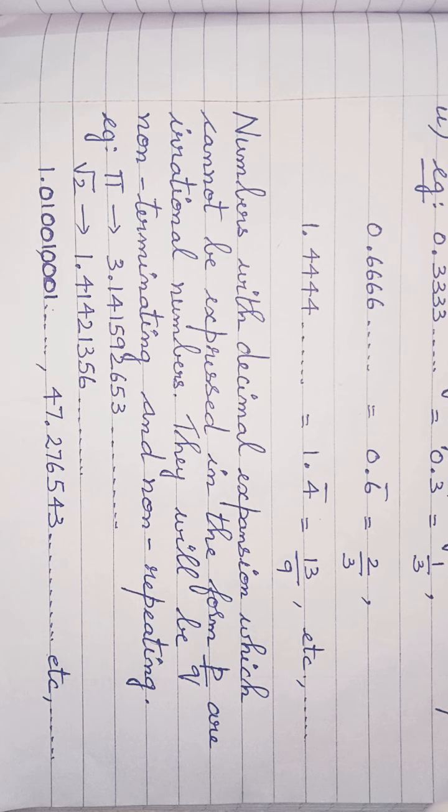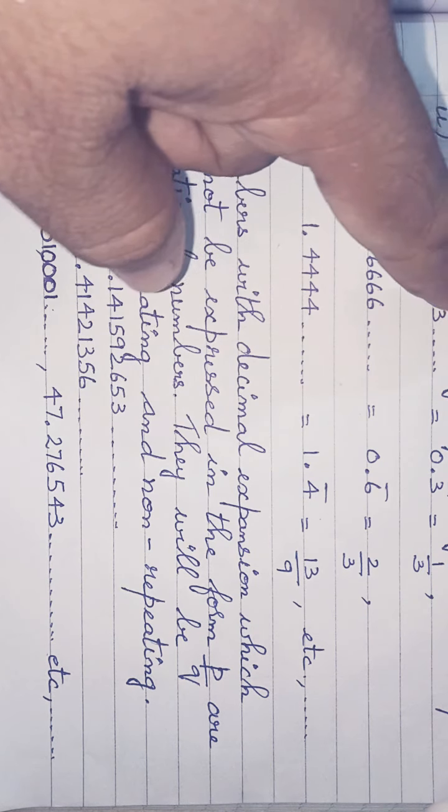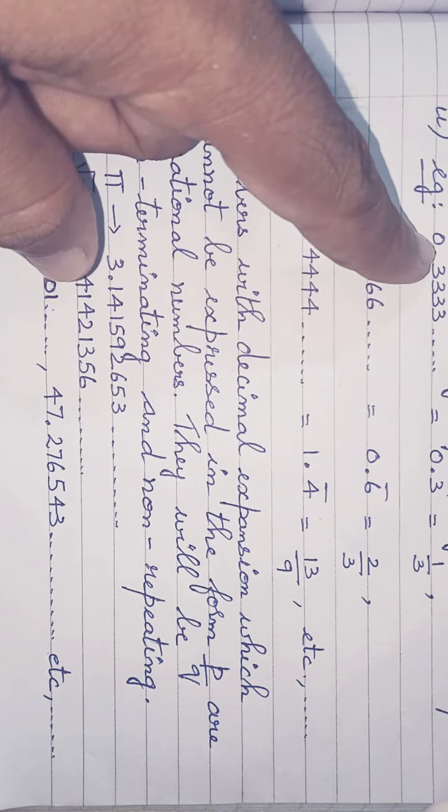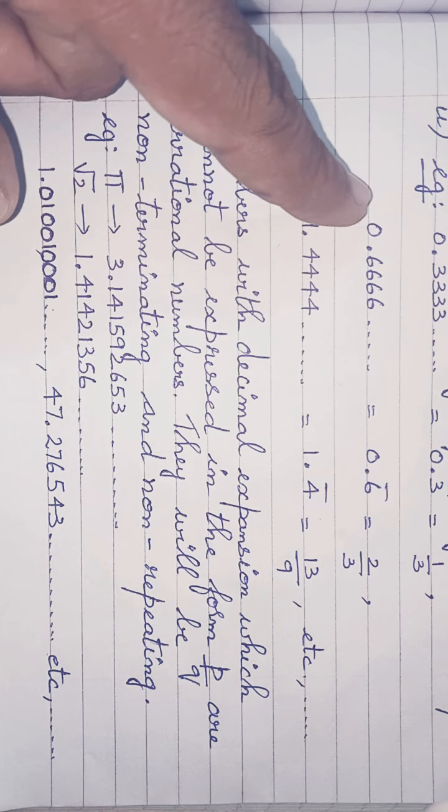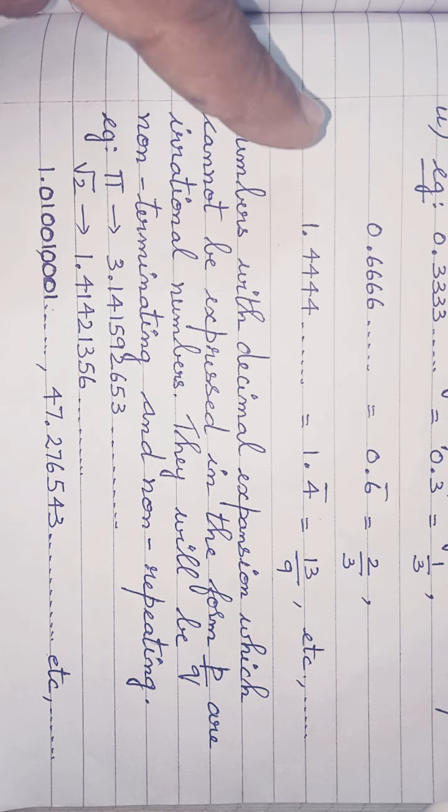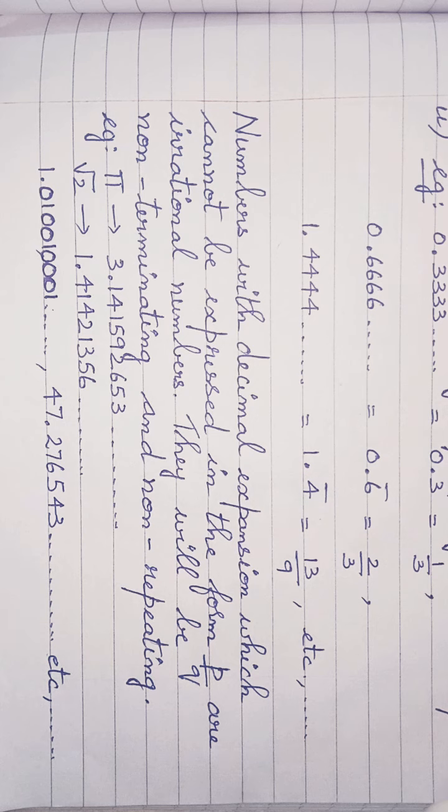You can write 1 also in the form of p by q as 1 by 1. 5 also can be written as 5 by 1. Similarly, any number with a terminating decimal expansion or non-terminating repeating decimal expansion can be written in the form of p by q.